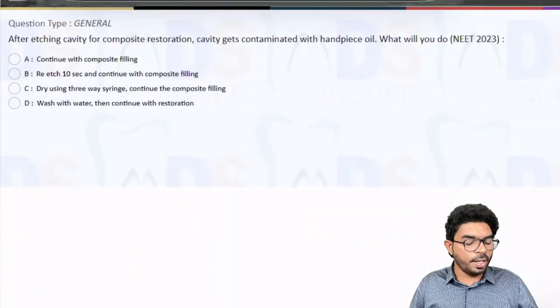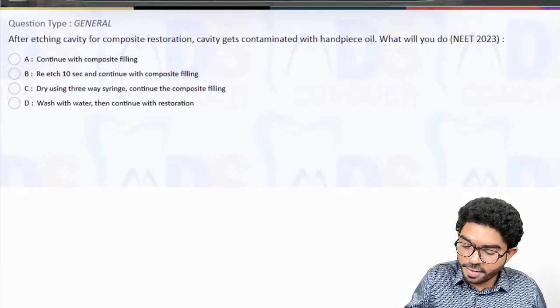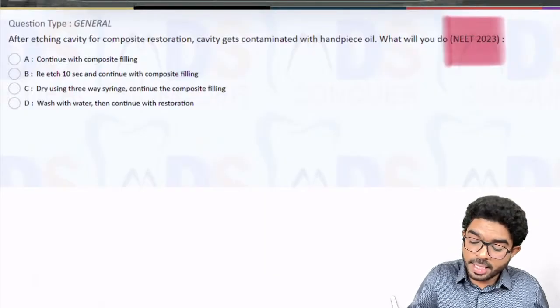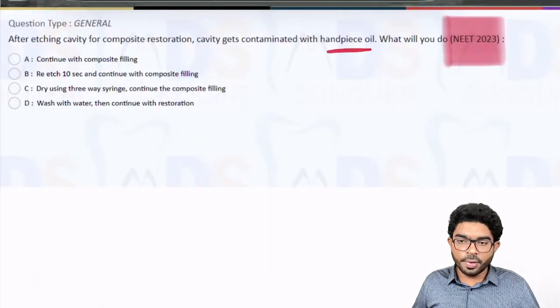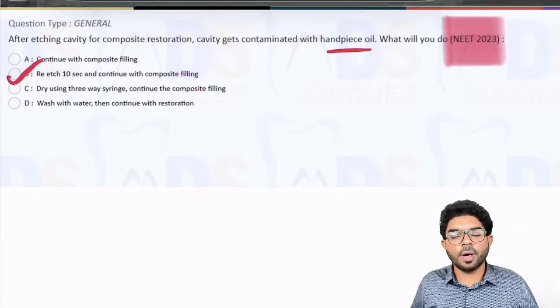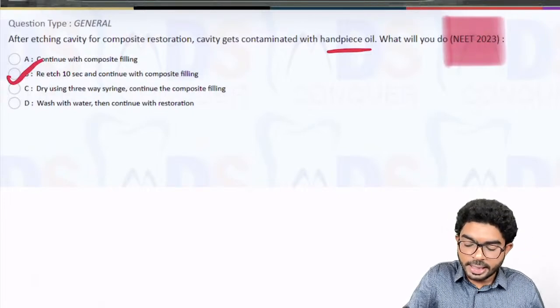Okay, jumping into question number 25 after etching. Again, this is a NEET 2025 application based question. After etching the cavity of a composite restoration, the cavity got contaminated with the handpiece oil. Now what I have to do? Re-etch. So re-etch for 10 seconds and continue with composite filling. Normally etching time is 15 seconds.